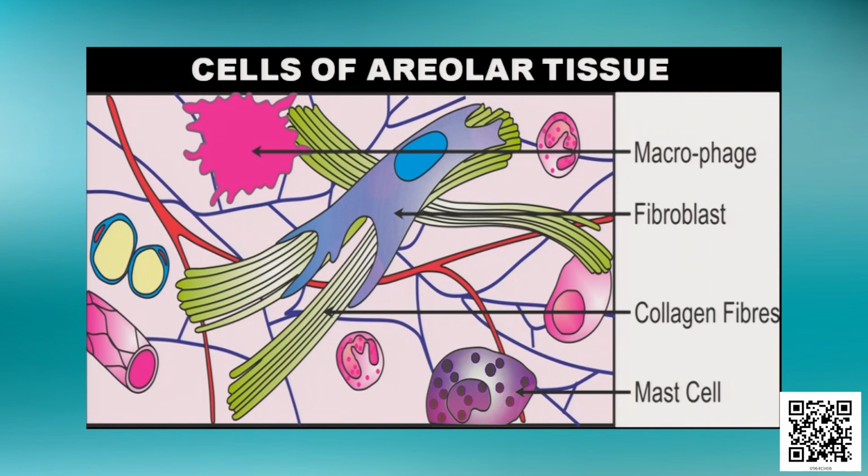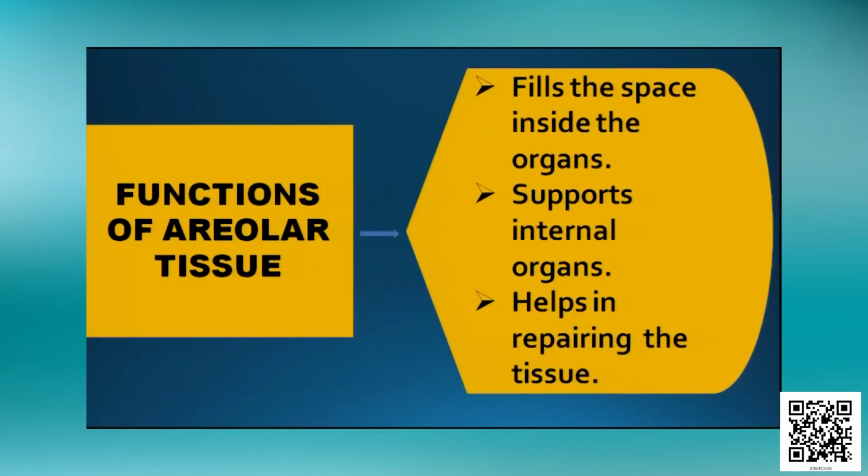Okay. If you see the cells, definitely it is a tissue, so definitely it is made up of cells. If you see the cells, you will find different types of cells of the areolar tissue. One is macrophage, one is fibroblast, collagen fiber, mast cells. So, varieties of cells are found in the areolar connective tissue. What do they do?